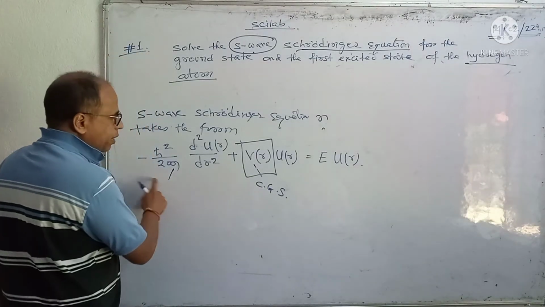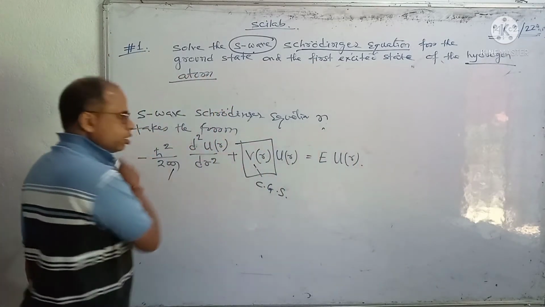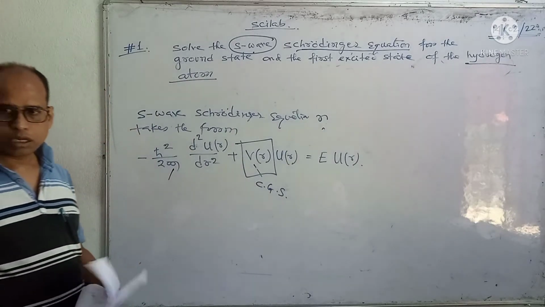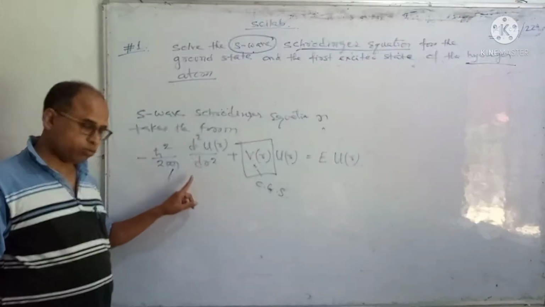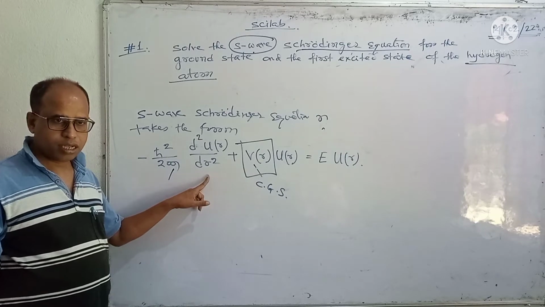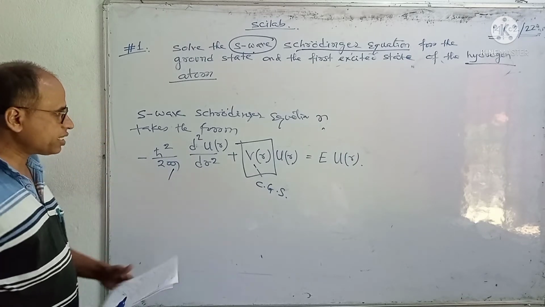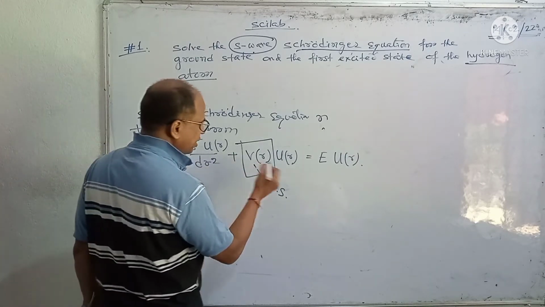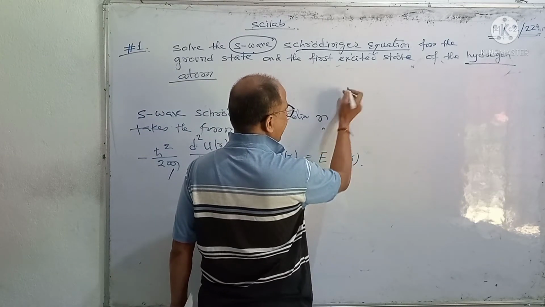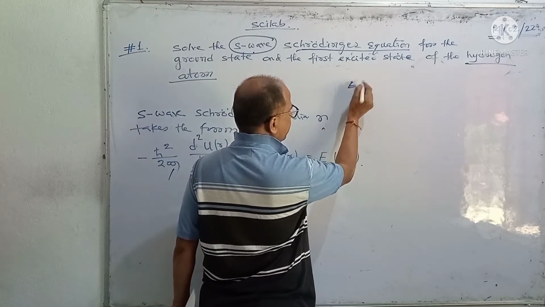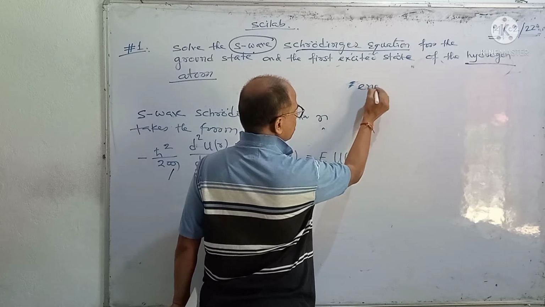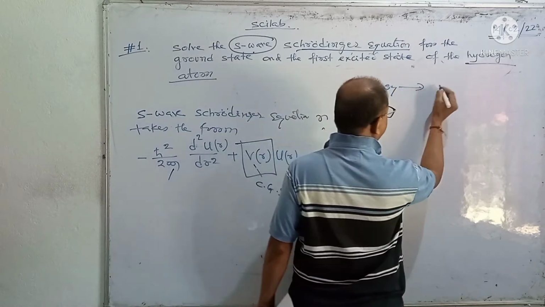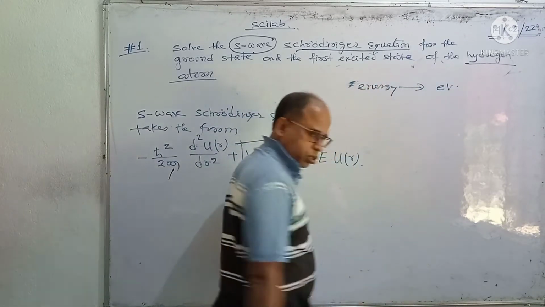Therefore, this is our mother equation. Fine. I will do the programming with the help of this equation. Before using this equation, I have to convert the energy. All energy must be converted in electron volt.